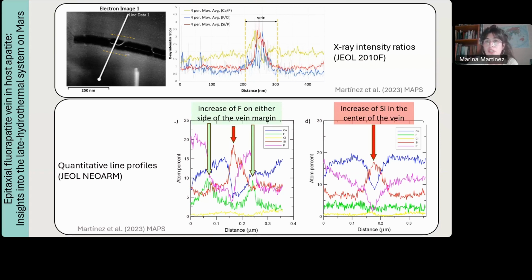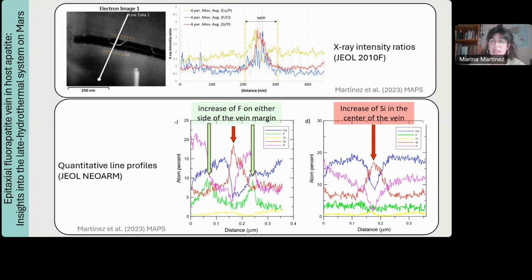It was not very clear, so when we published this paper, Adrian did new line profiles with the new JEOL Neo ARM TEM, and he ran like 10 or 12 line profiles; here we are only showing 2 of them, to show that there's a clear increase in fluorine at the margins of the vein, in green, that represents the fluorapatite, and then it decreases at the center of the vein.